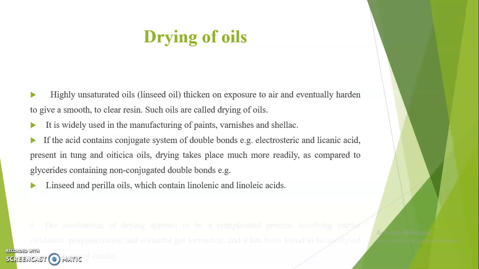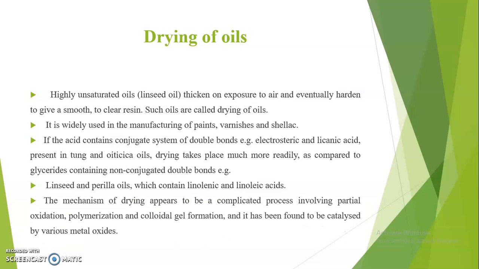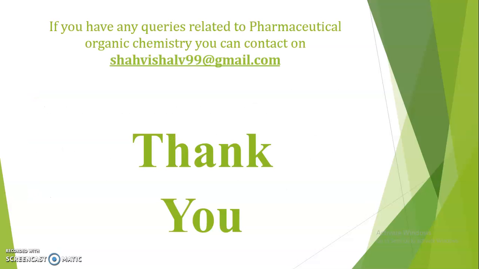So this is about the drying of oil. The mechanism of drying appears to be a complicated process involving partial oxidation, polymerization and colloidal gel formation, and it has been found to be catalyzed by various metal oxides. So these are the various chemical and physical properties that are shown by fats and oils.